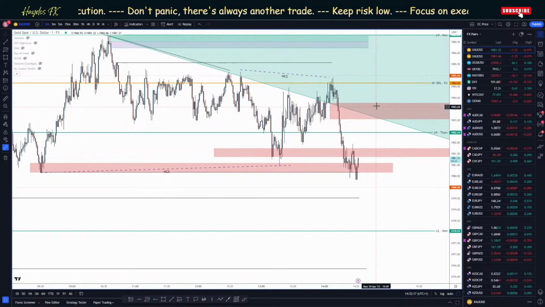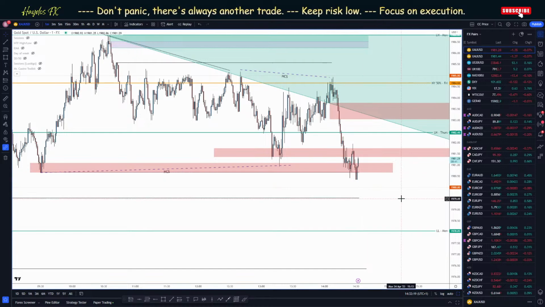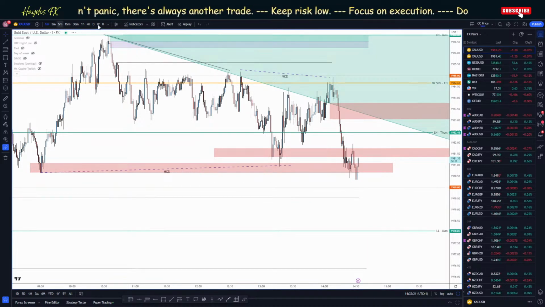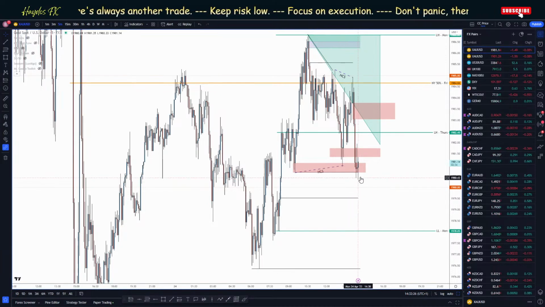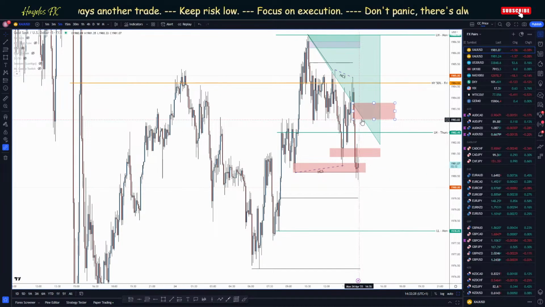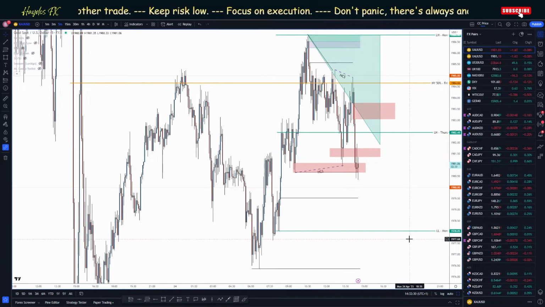All right. Flush the early sellers. Potentially. Not that I want that to happen, but if it does do that, it makes it more likely for this next move to happen.